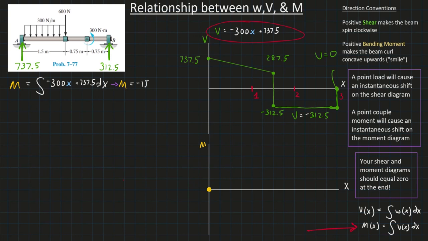Get a negative 150x squared, plus 737.5x, and of course we'll have a plus c constant. Alright, we can figure out the c no problem because we know at x is equal to 0, our m is equal to 0. So if I plug in a 0 here, a 0 here, and I'm getting a 0 here, that means that doing that math, that c must equal 0 as well.